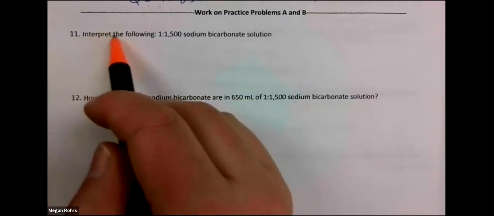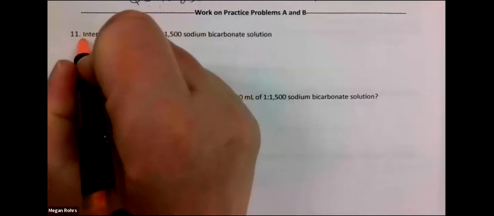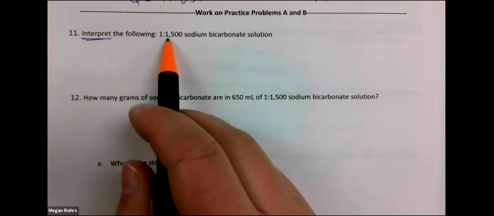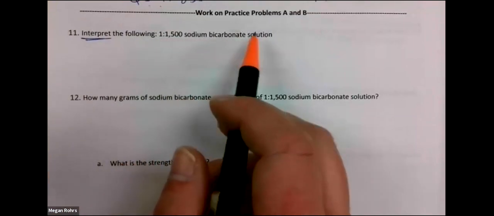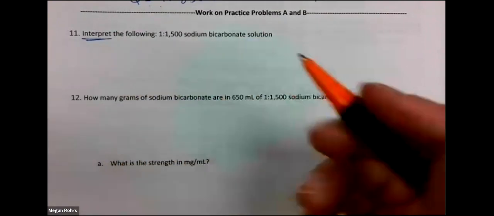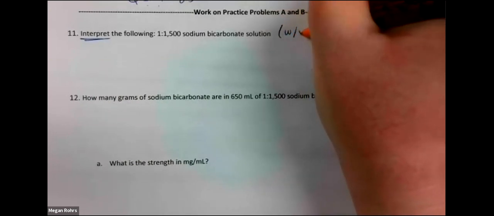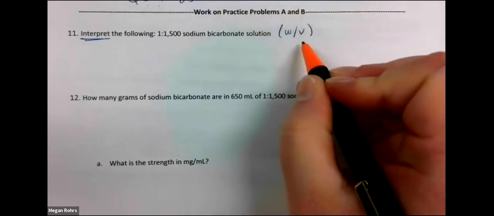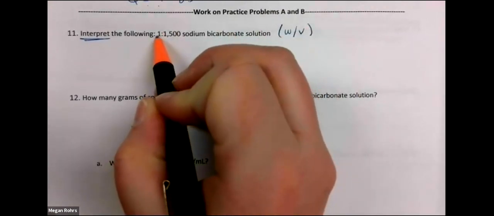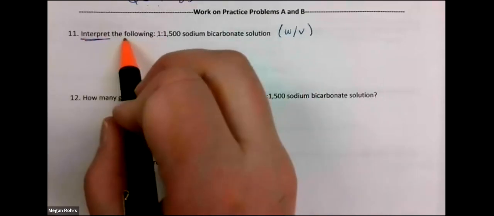Number 11 says, interpret the following. So we just need to interpret. We have a 1 to 1500 sodium bicarbonate solution. Now they don't specify what type of drug, so we're always going to assume weight per volume when they don't specify. Now remember, our 1 in this case is always our active ingredient. So here we're just interpreting this.